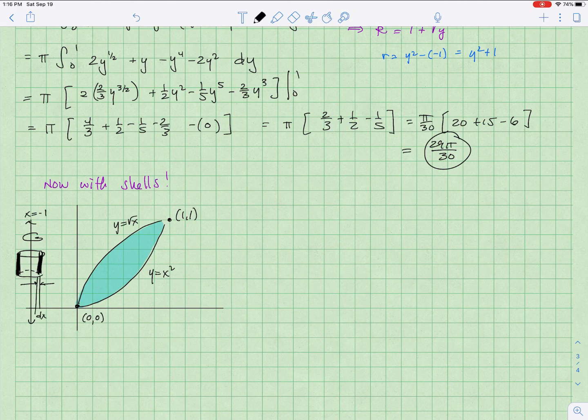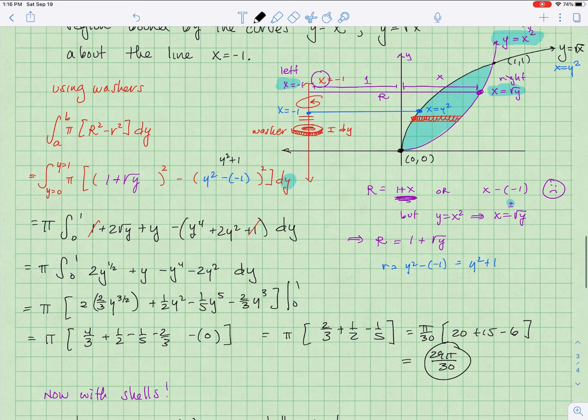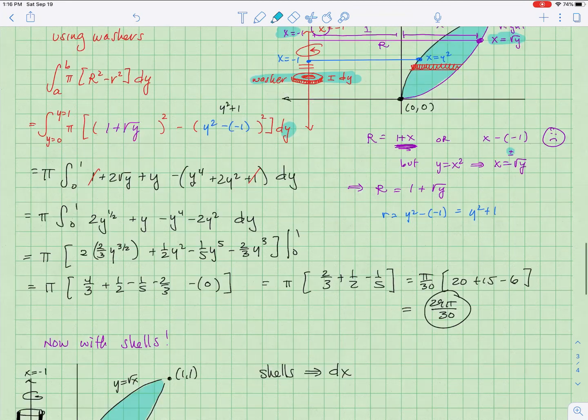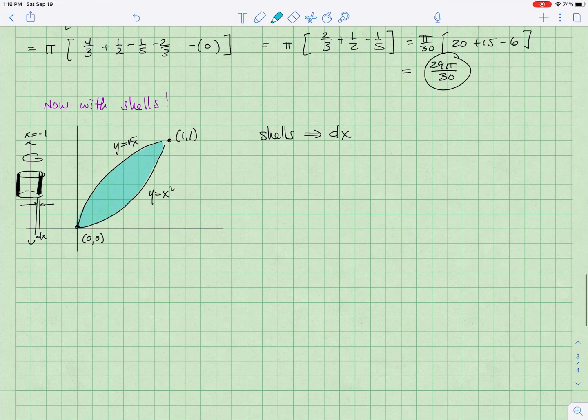So here we have shells integrated dx, in contrast to the washers we had, dy. Even though we're finding the same volume, we're using a different technique, and in this different technique we have a different variable of integration.